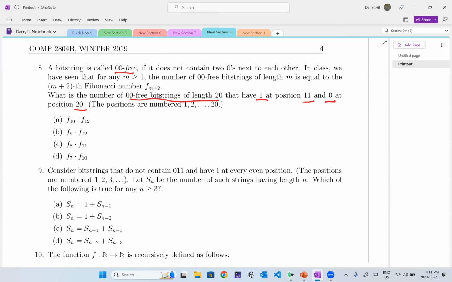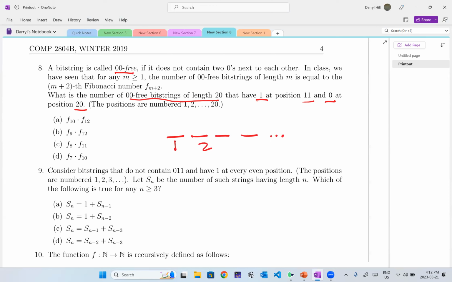These questions are nice because they're not that difficult, but they rely a little bit on thinking the same way we did when we took up these 00-free bit strings. I'm just going to start listing off 1, 2, these are the positions in my bit string.